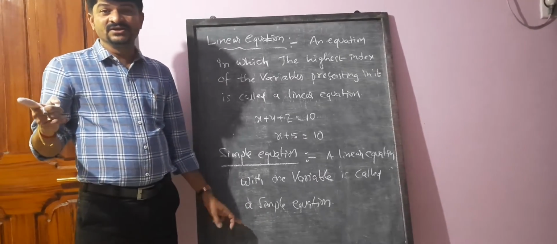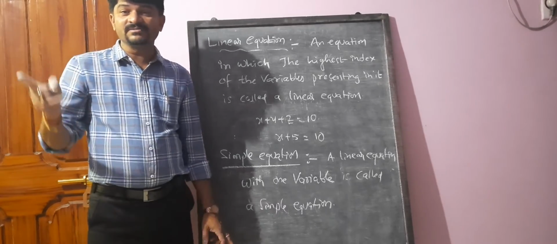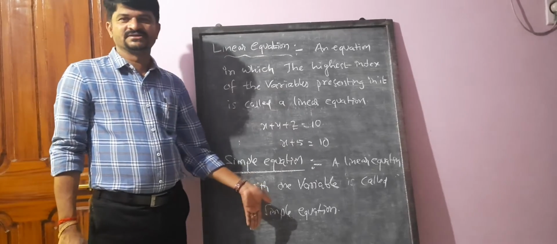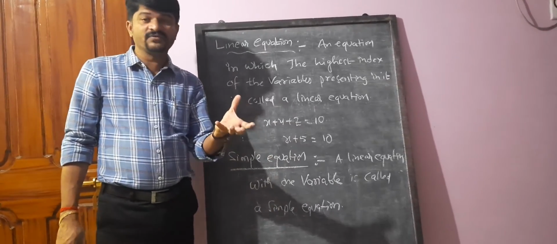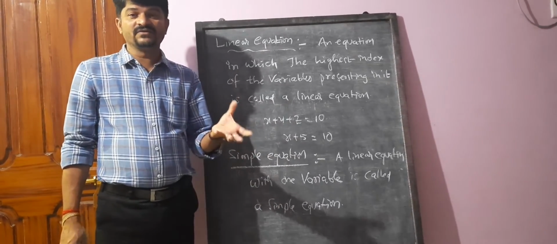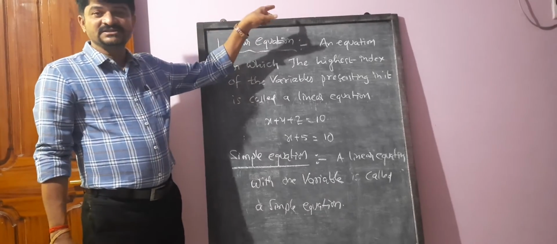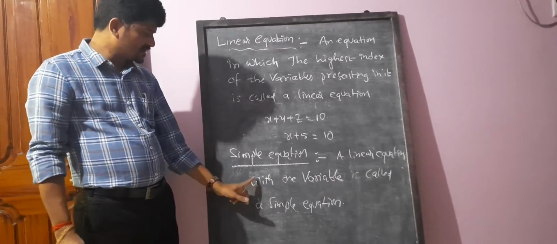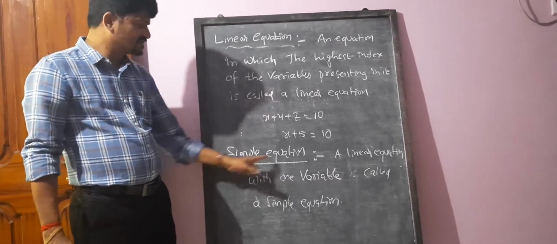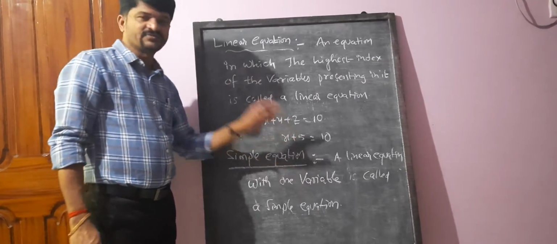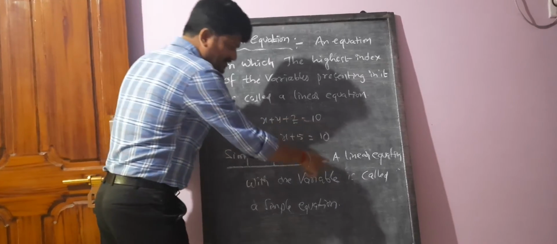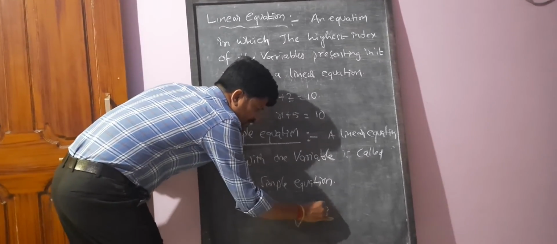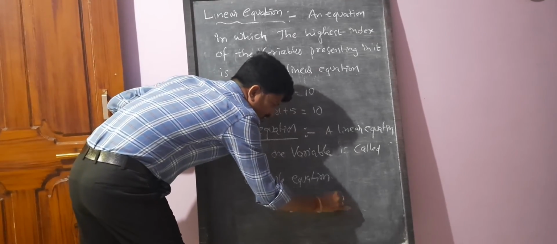So when you are going to learn about simple equations, you have to recall all these concepts from the origin of simple equation, where we started from variables and literals. One by one we are connecting each other. At last we came to know that a simple equation is nothing but a linear equation with one variable, that implies x plus 5 is equal to 10.